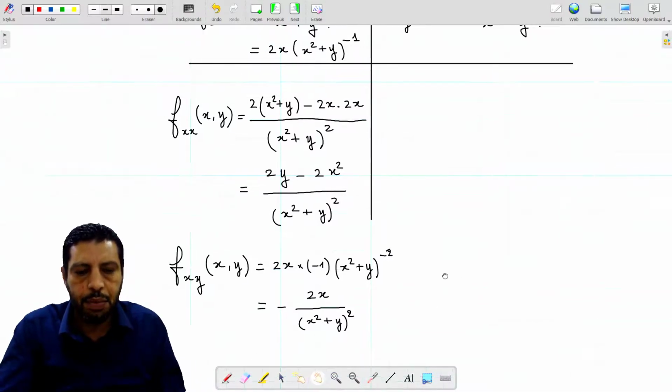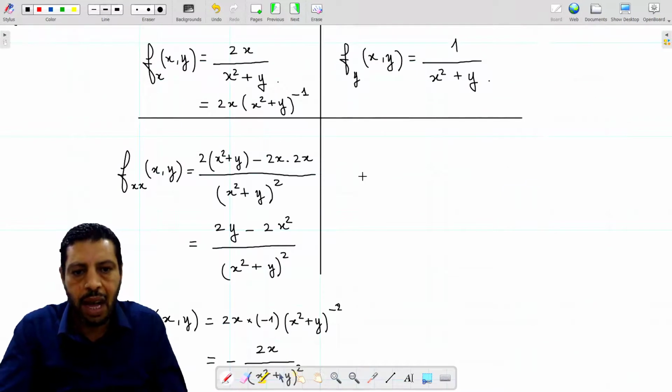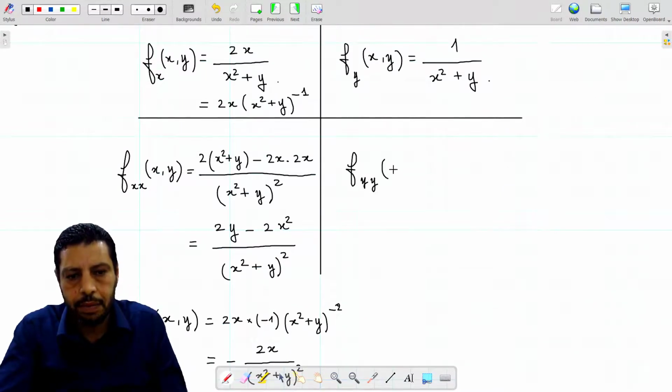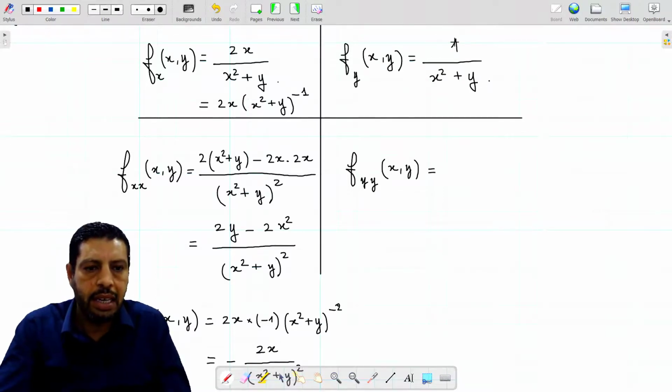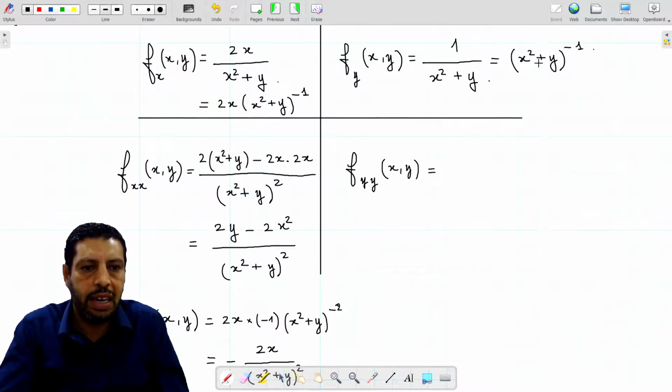Now, let's move to the other side. We have fy. We're going to compute first fy of x and y. So, again here, you can use the form x squared plus y to the power of -1 to get your derivative with respect to y. You don't need to use the quotient rule. So, apply the power rule to this function with respect to y.